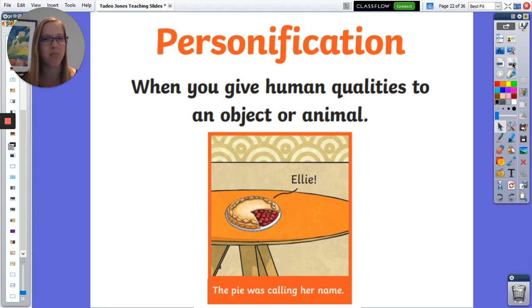But actually, the pie can't really talk, can it? So it's giving a human quality to an object or an animal that couldn't ever possibly have that human quality. But by using that personification to describe the pie, it makes you really think that it was delicious. And not only did it look delicious, it smelt delicious. It was irresistible because it was calling her name.